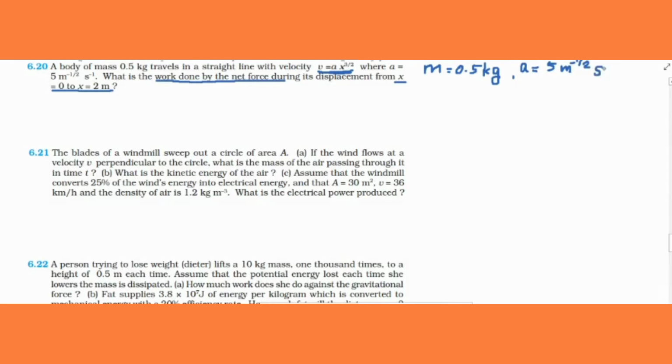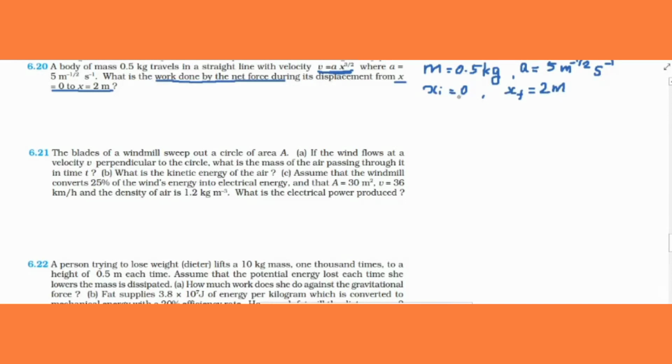It's a constant with the unit. Okay, and second raised to minus 1. Then initial position xi equal to 0 and final position xf is equal to 2 meter.